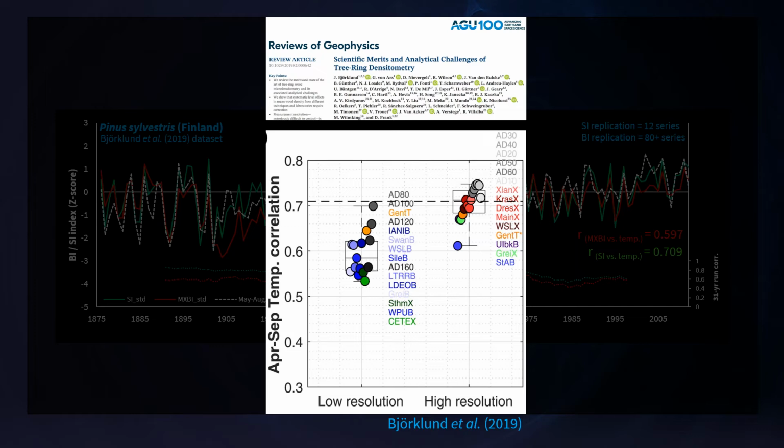And then with the higher resolution data sets, we see maximum latewood density a bit better still, and the best performing are the high resolution anatomical data sets. So with surface intensity, what we actually see is a response and correlation somewhere on the level of the X-ray density measurements, which is quite nice and quite encouraging, I would say.